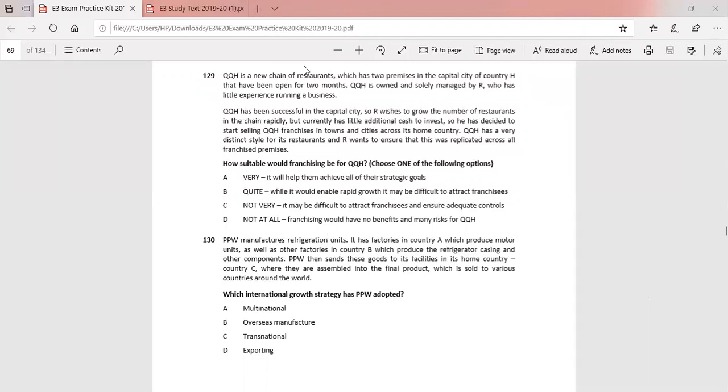They're considering franchising, isn't it? Franchising is allowing others to set up their own business using their brand name. That is franchising, isn't it? So QQH has been successful in the capital city. So R wishes to grow the number of restaurants in the chain rapidly, but currently has little additional cash to invest.